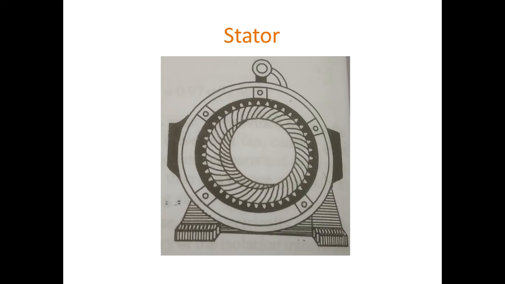The greater the number of poles, the lesser the speed, and vice versa. When the three-phase windings are supplied by a three-phase supply, the stator produces a rotating magnetic field which rotates around the stator at synchronous speed, denoted by capital N suffix small s.